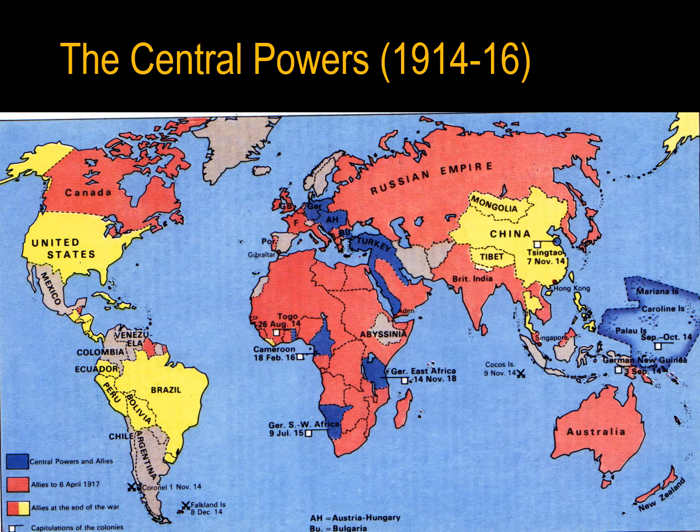This is the global map on the eve of the First World War. It is completely conceivable and far from inevitable that the First World War had to occur.